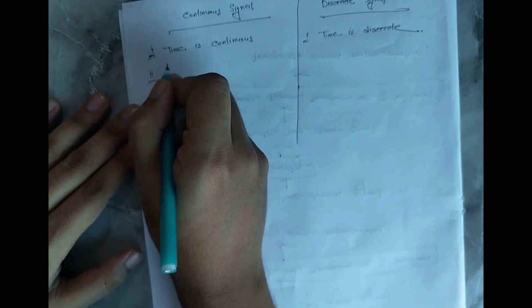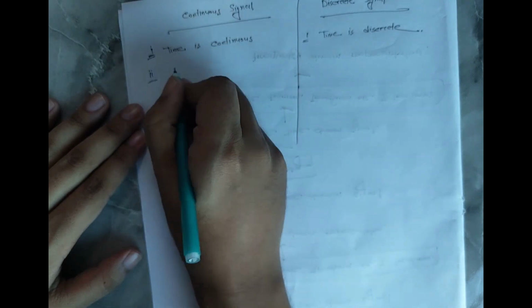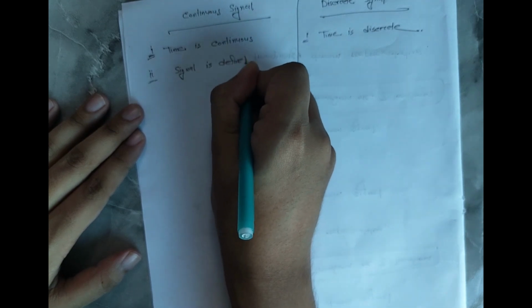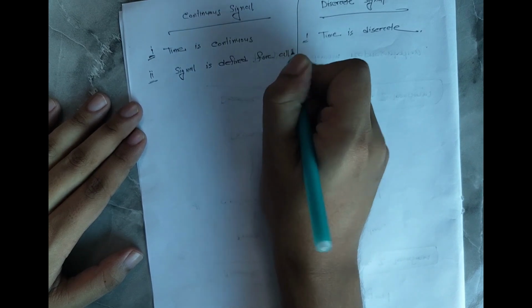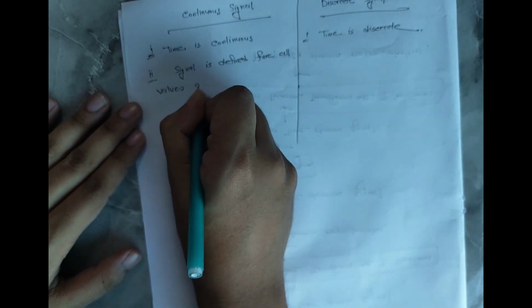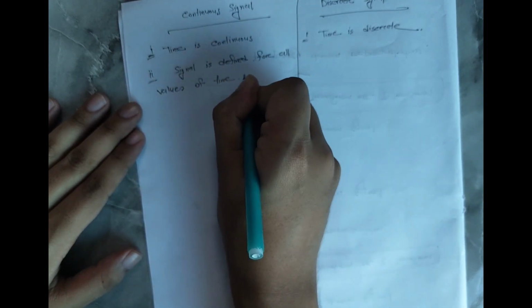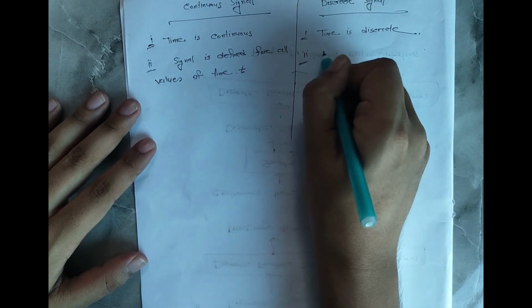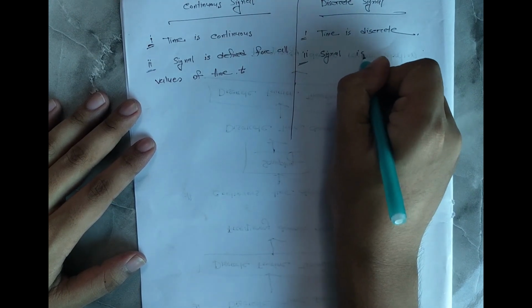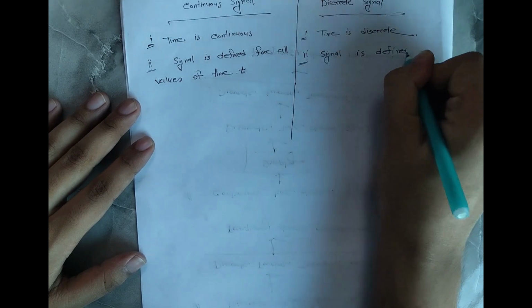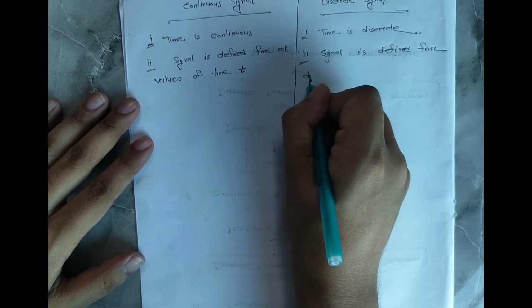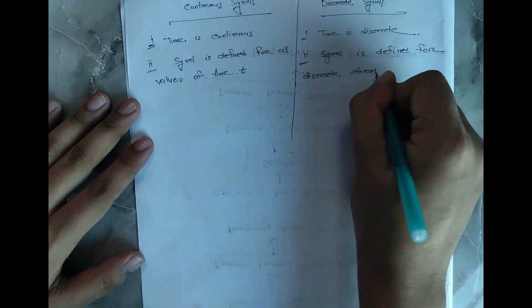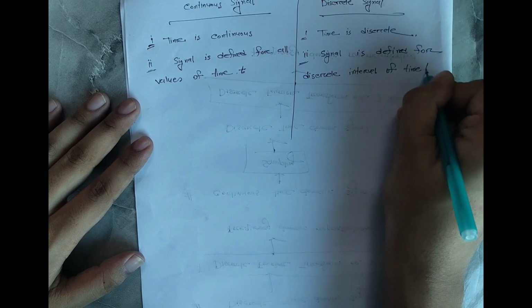A continuous time domain signal is defined for all values of time t, but here the signal is defined for discrete intervals of time t.